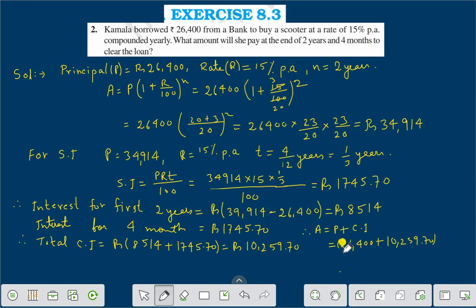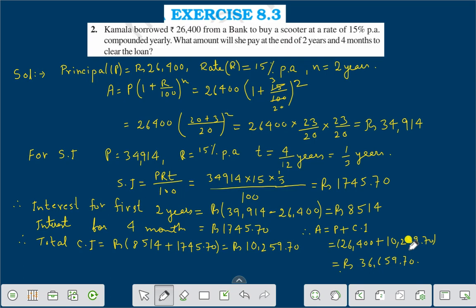We add this, and we are getting the amount as rupees 36,659.70, and that is the answer, right?